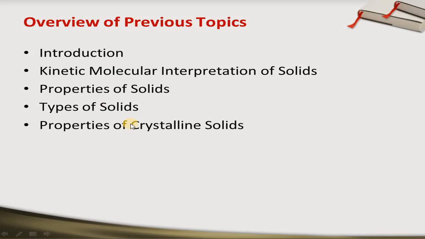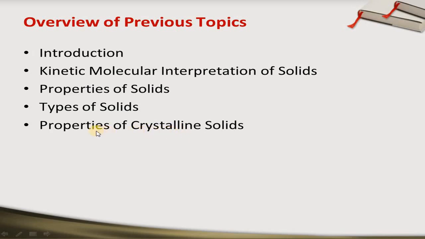And the last topic we were discussing in the previous lecture was the properties of crystalline solids. Almost all the properties we have discussed. We are left with one subtopic from this topic, allotropes of oxygen and sulfur.